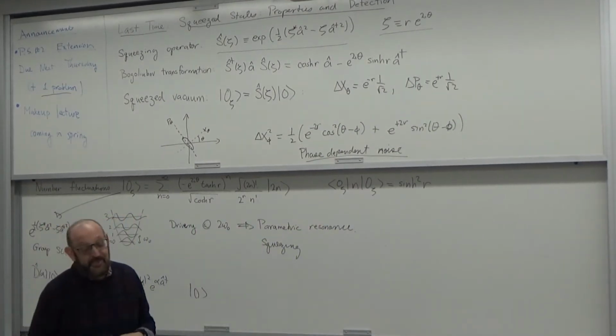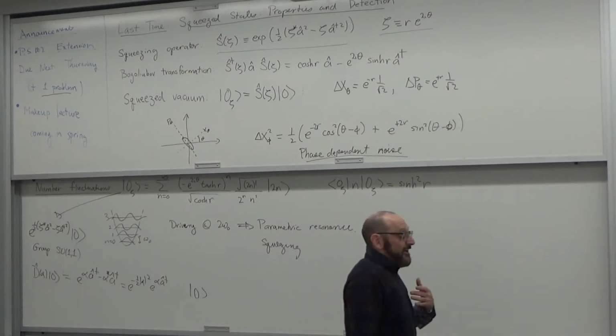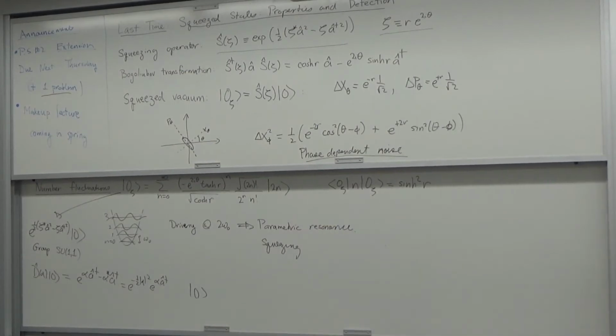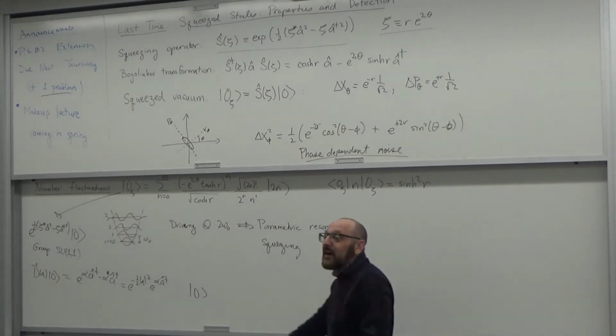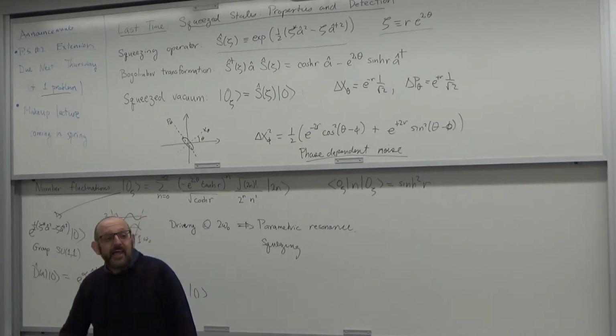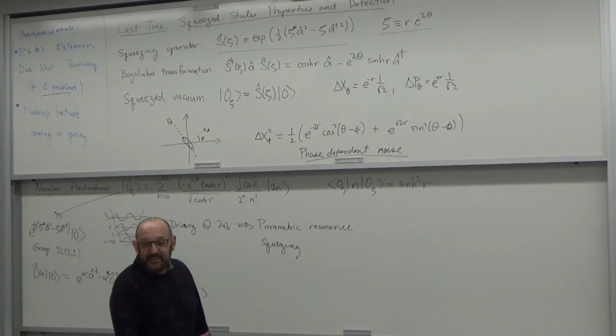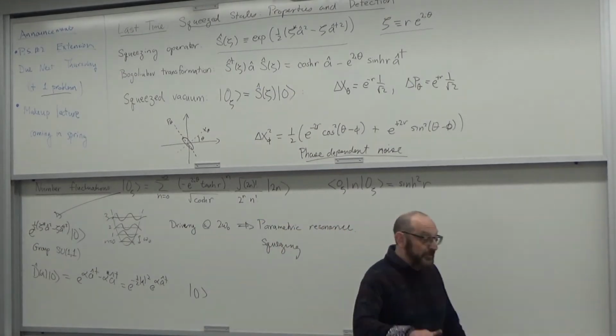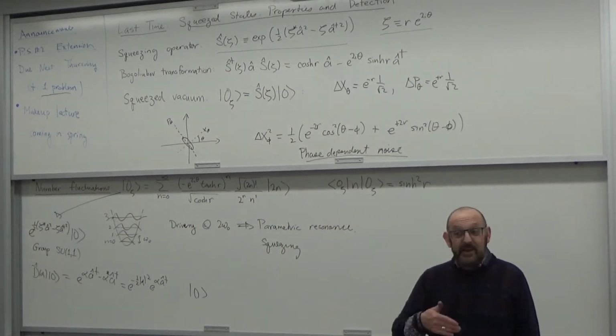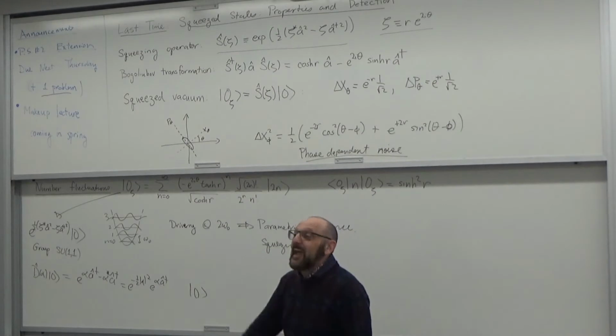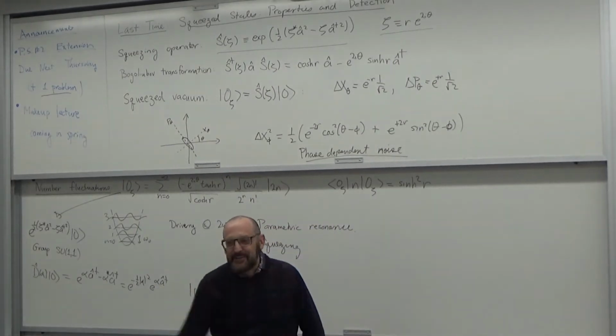And we've all done this. We've all done parametric resonance, I assume, because we've all swung on a swing. When you're swinging on a swing, you are pumping your legs up and down at twice the frequency. And if you do it at just the right phase, you will amplify and keep swinging higher and higher.